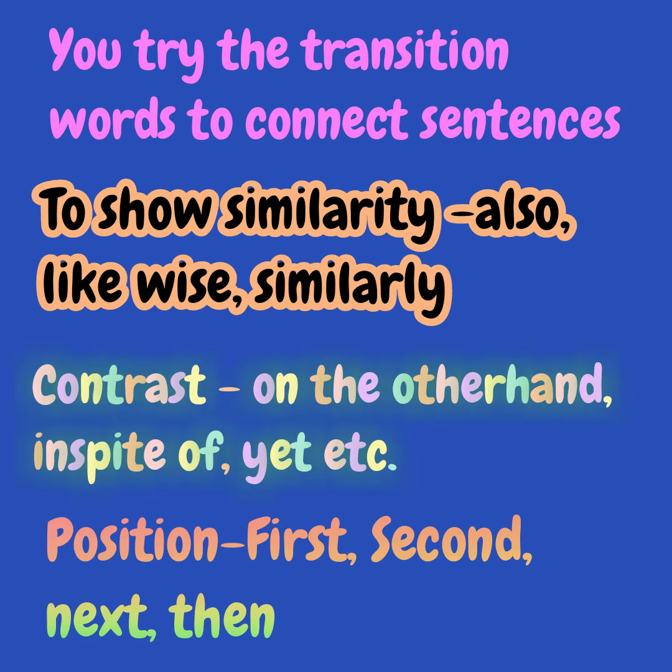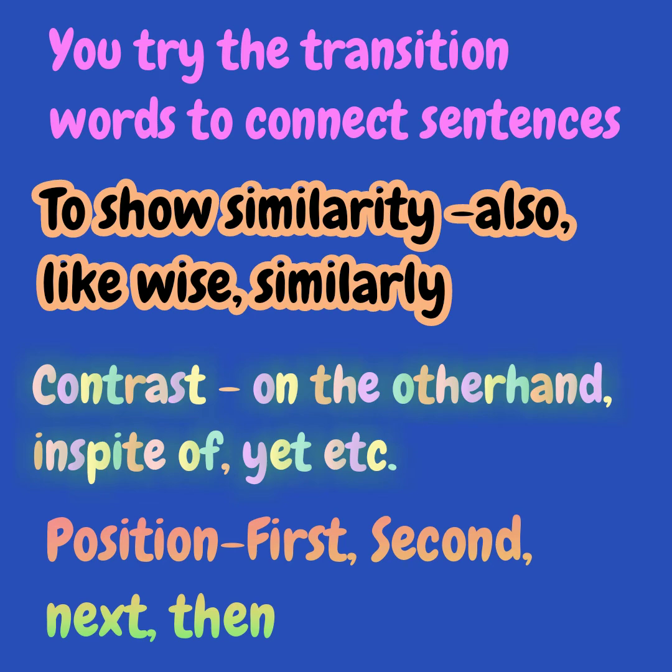Alright, so I am going to read out the transition words. You just try the following transition words to connect the sentences. At least learn by heart 2-3 words. To show similarity, we can use also, likewise, similarly. To show contrast, you can use on the other hand, in spite of, yet, etc. To show position, you can use first, second, next, then.